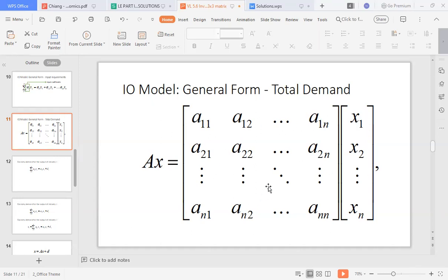So the economy, but before that, let me also indicate that when you sum the elements in each column of the input coefficient matrix, the sum must be less than 1. If it is greater than 1, then the production may not be economically justifiable.